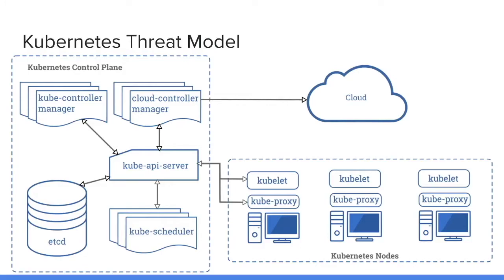Now let's talk about the Kubernetes threat model. Going back to Kubernetes architecture, let's think about attack surface. We have potentially etcd, we have kube API server, and we have the worker nodes, because supposedly they're running your workloads in the cluster, and some of those workloads will be available from outside the cluster.